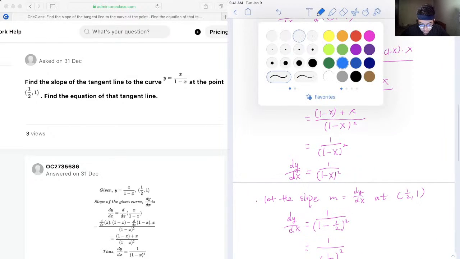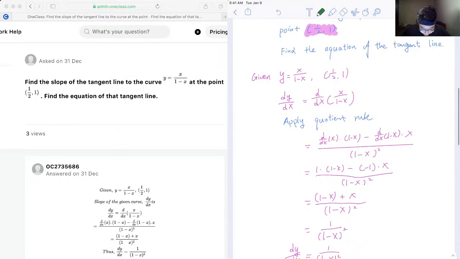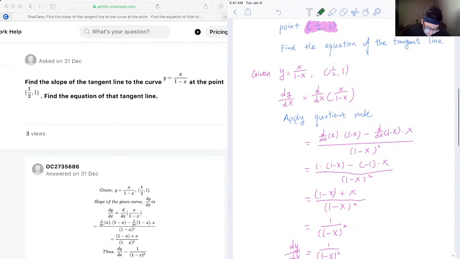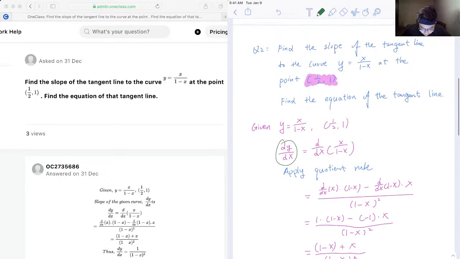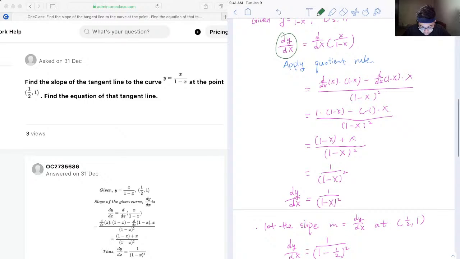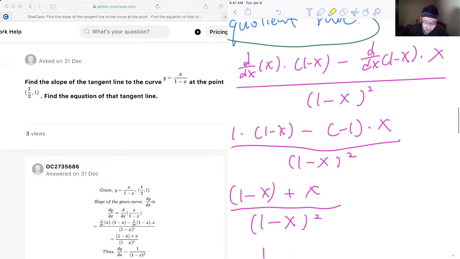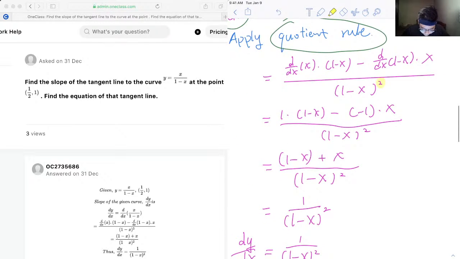Let's just go over again what we need to do in order to solve this type of question. First, we need to find dy dx, solving for the derivative of the equation of the curve, and in our case we apply the quotient rule. Remember, when you apply the quotient rule, for the denominator don't forget the exponent, which is 2.